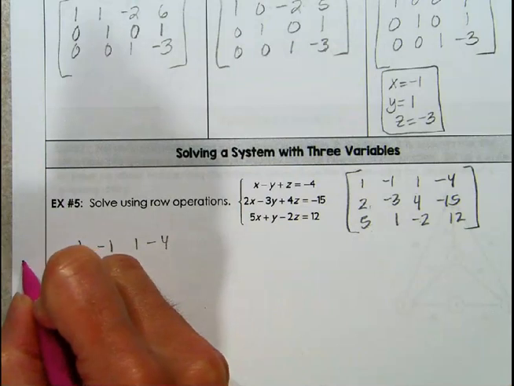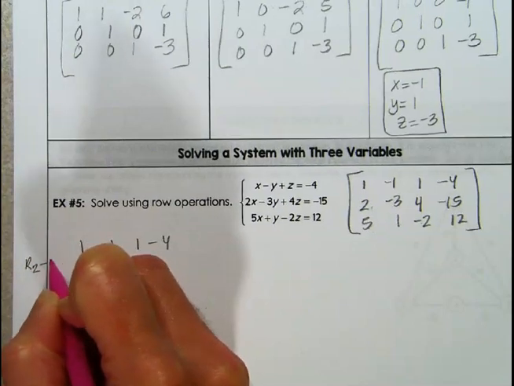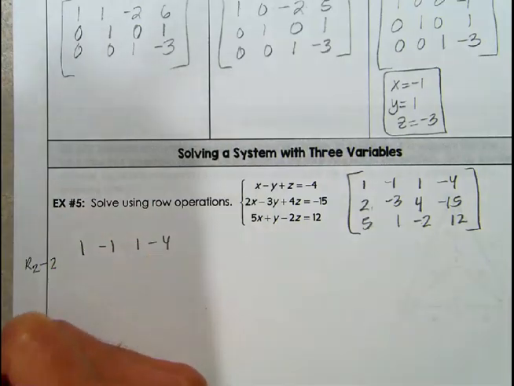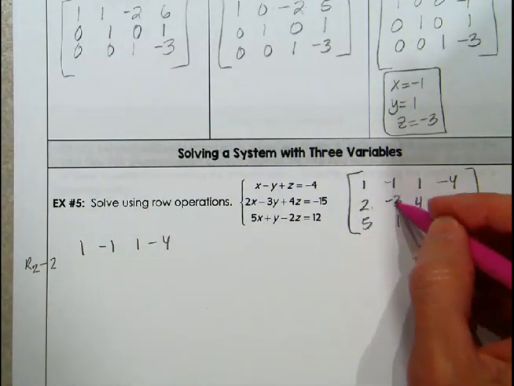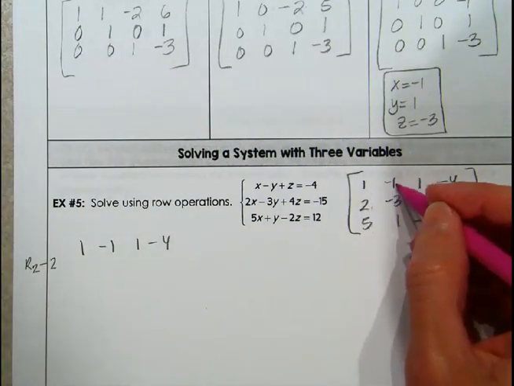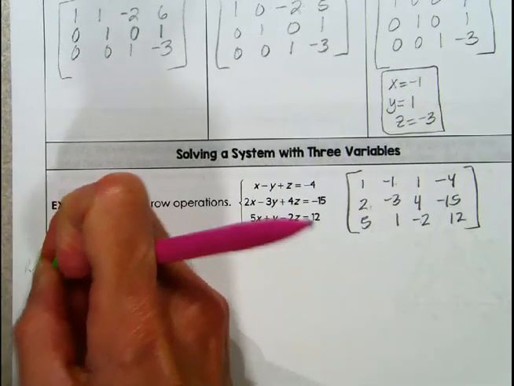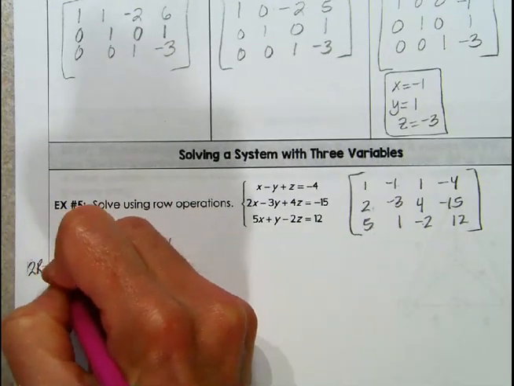I'm going to say row 2 minus 2. Well, actually, if I go this way, that's going to leave me a negative right here. What if I switch it around? What if I said 2 row 1 minus row 2?